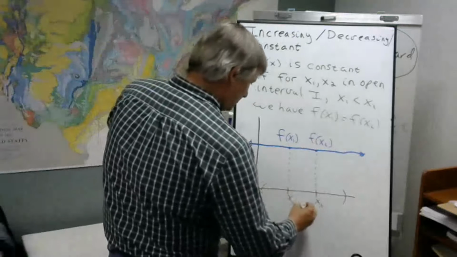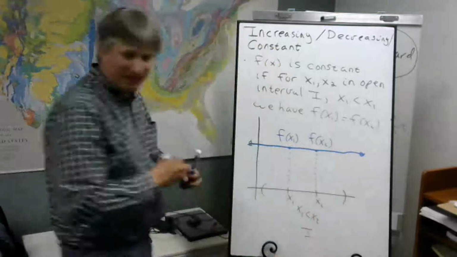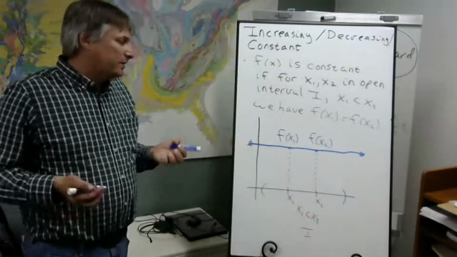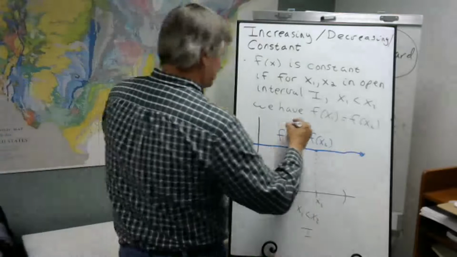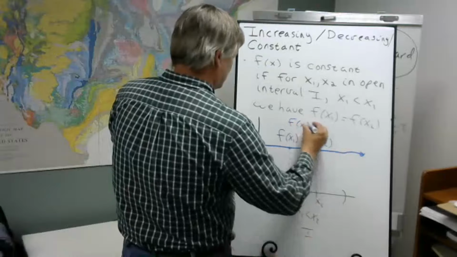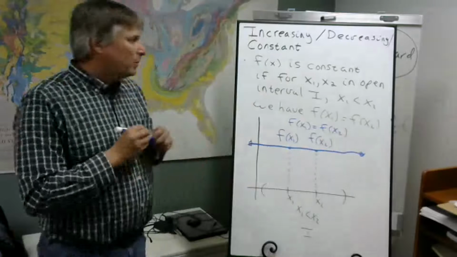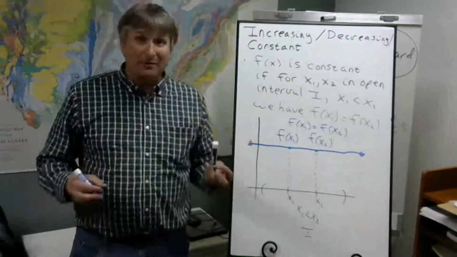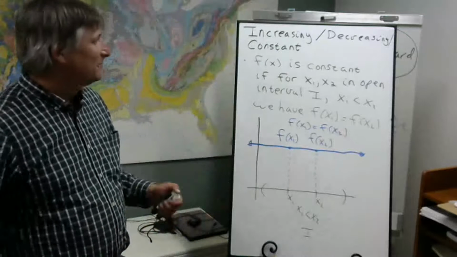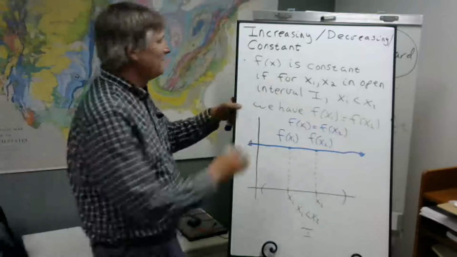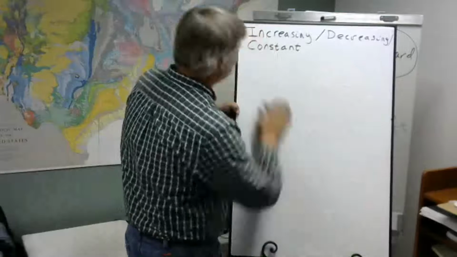So once again, x1 is less than x2, and this is our interval I. And here we have f of x1 and f of x2 are the same. So that's what it means to have f of x as constant over an interval I. All right. So that's increasing, decreasing, and constant.